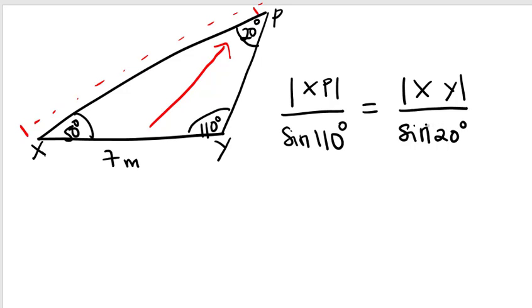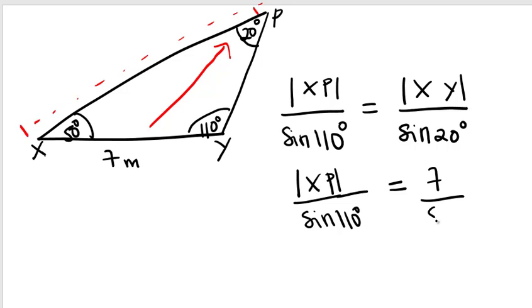Therefore, the XP that we want is what we have to make the subject from this small equation. So we have the length of XP over sine 110 degrees being equal to XY, which we know to be 7, over sine 20 degrees.